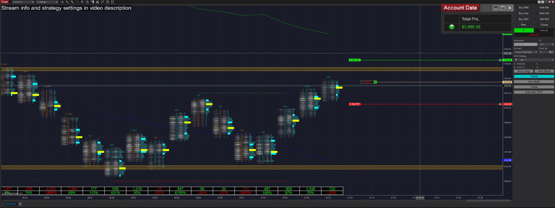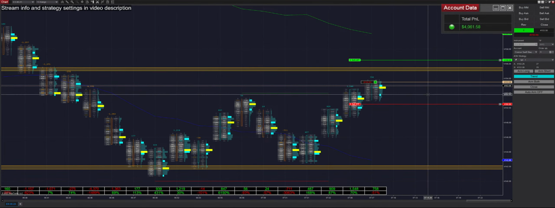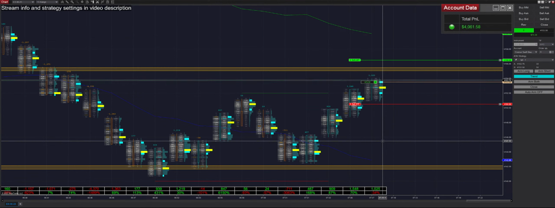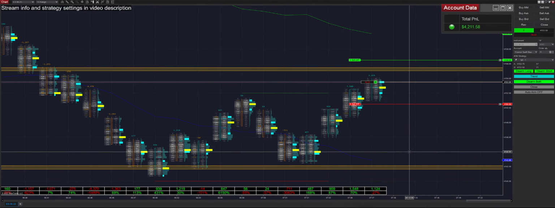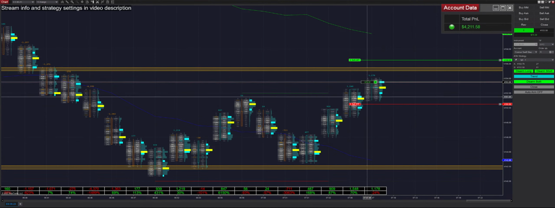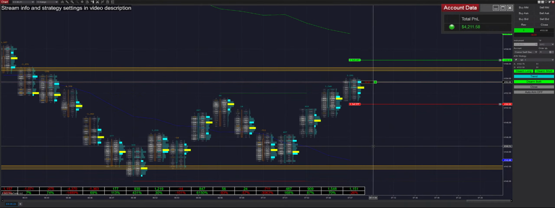Okay, so if we win this one, that puts us at our profit target for the day. So we would just call it after that. But we'll have to rearm if it hits our stop loss here. So I'm just going to leave it armed both just because of how things have been working for us. But if it hits our take profit or goes close to it, I will disarm.